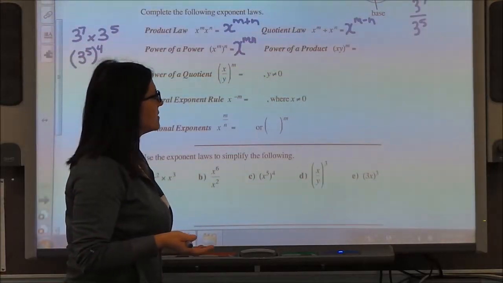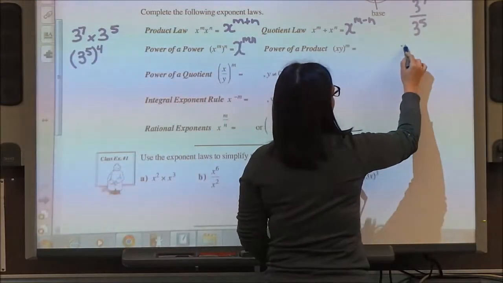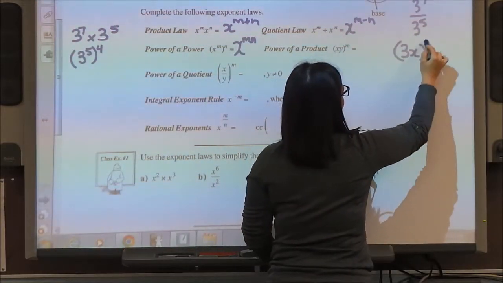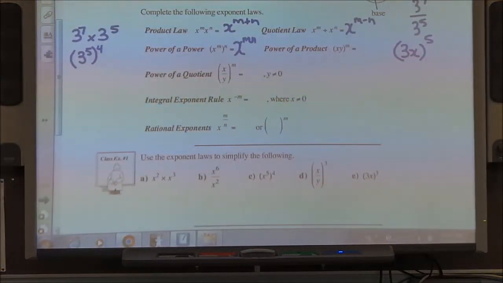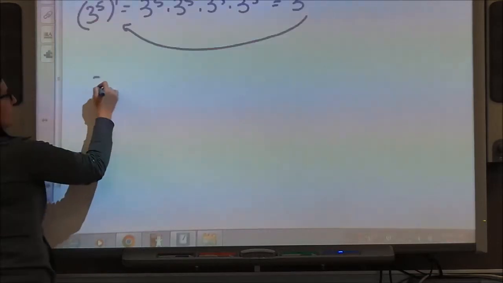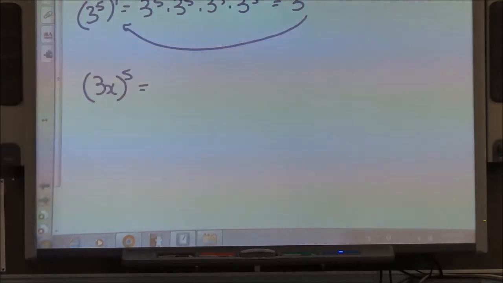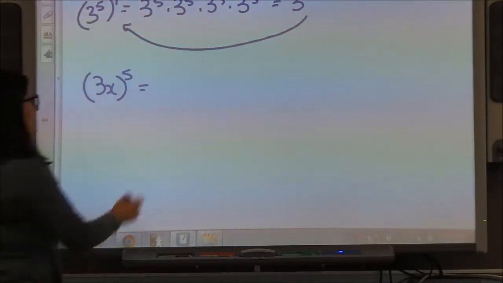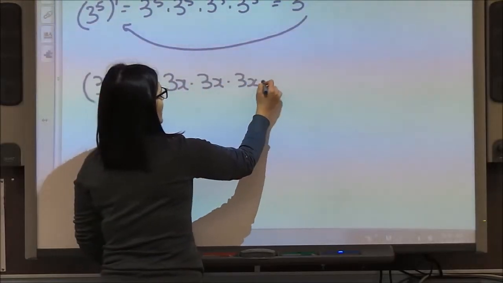Power of a product. So if I had 3x to the power of 5, what does that mean? So 3x to the power of 5. X 5 times? Not just the x 5 times, the 3x 5 times.